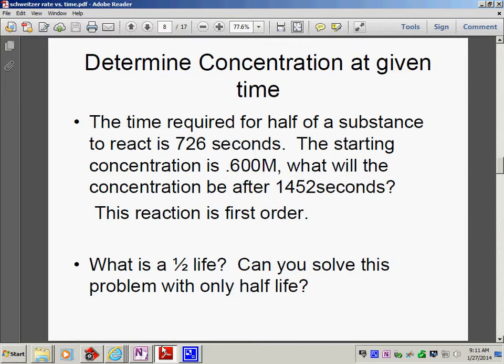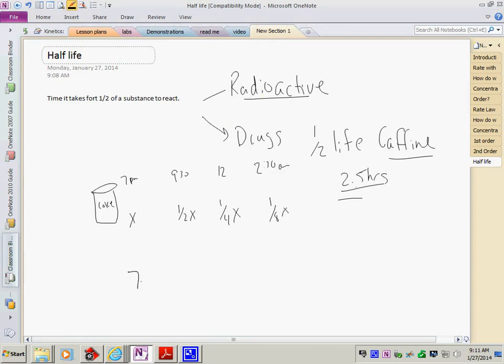Again, at 726 seconds, the 0.6 drops down to 0.3. Another 726 seconds, it drops from 0.3 down to 0.15, half of that. So that's your standard.